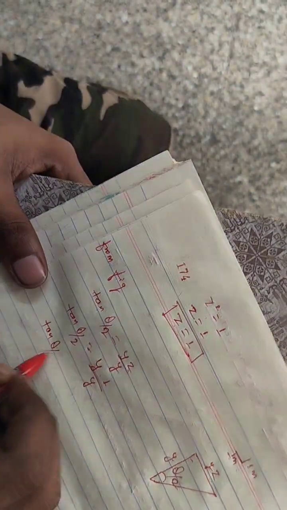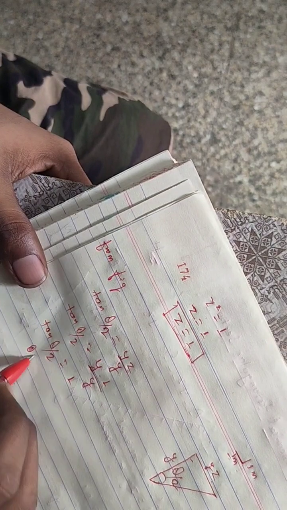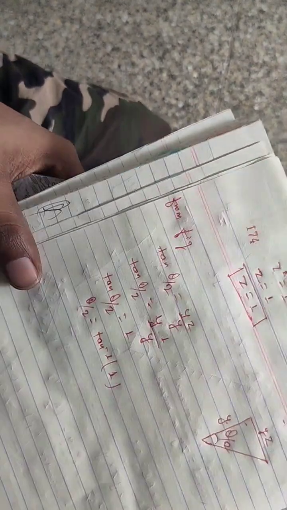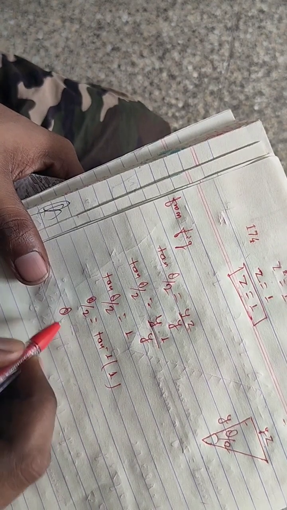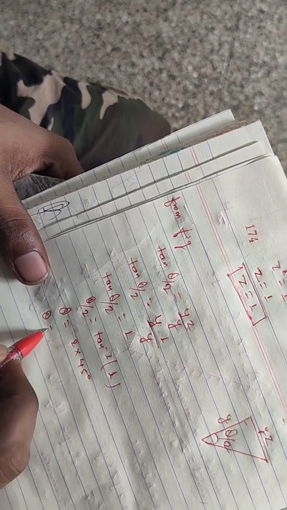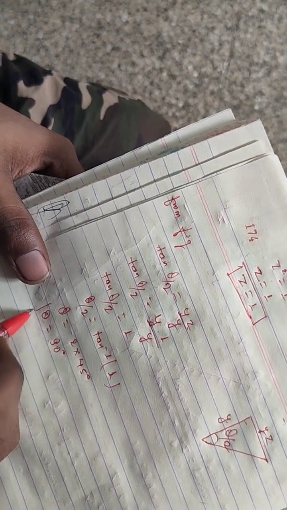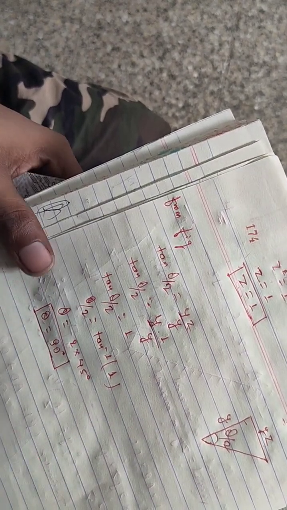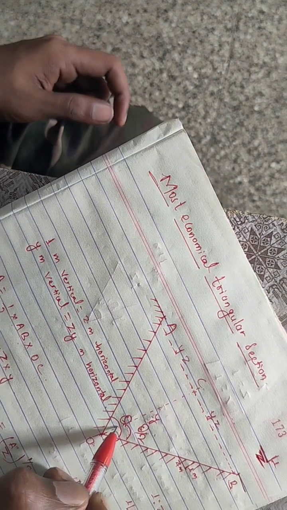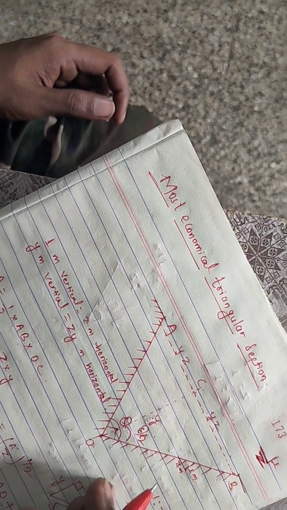Tan theta by 2 will be equal to 1. Theta by 2 will be equal to tan inverse of 1, which is 45 degree. Theta equal to 2 into 45 degree, which is equal to 90 degree. So for the most economical triangular section, the value of theta must be equal to 90 degree. Means the value of this theta must be equal to 90 degree for the most economical section.